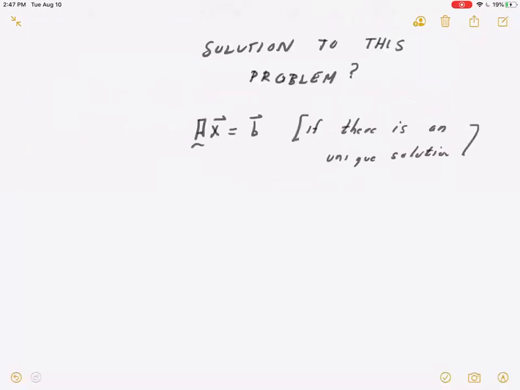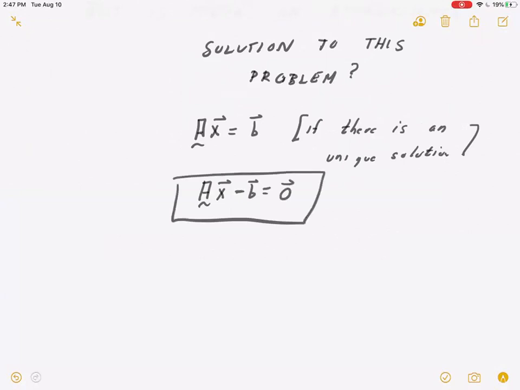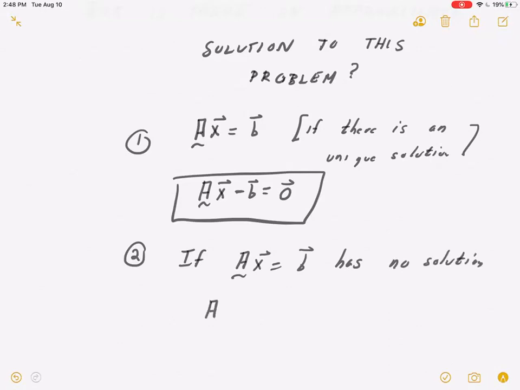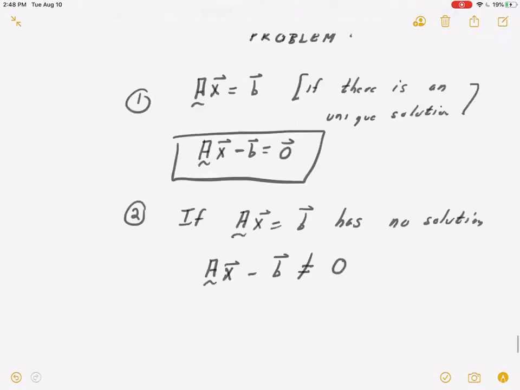If there is a unique solution, then A acting on X minus B should give me the 0 vector. If A times X equals B has no solution, then A times X minus B is going to be equal to some finite number, not going to be 0.